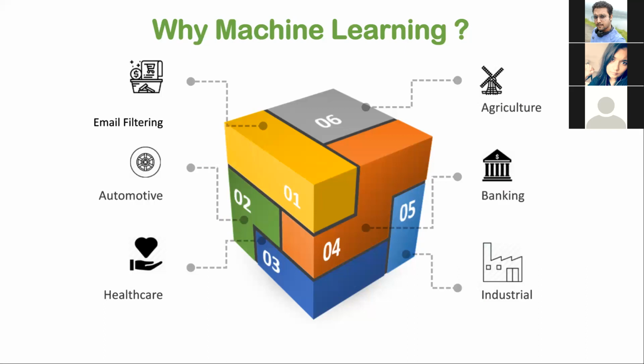In agriculture: plant disease detection, plant recognition, crop type classification, or even counting fruits. In banking: fraud account detection and insurance. In industrial: document digitization, optical character recognition, facial recognition on social media, etc., are also some of the use cases of machine learning.